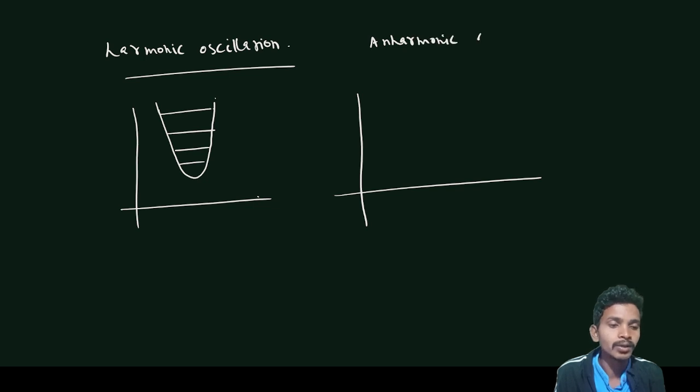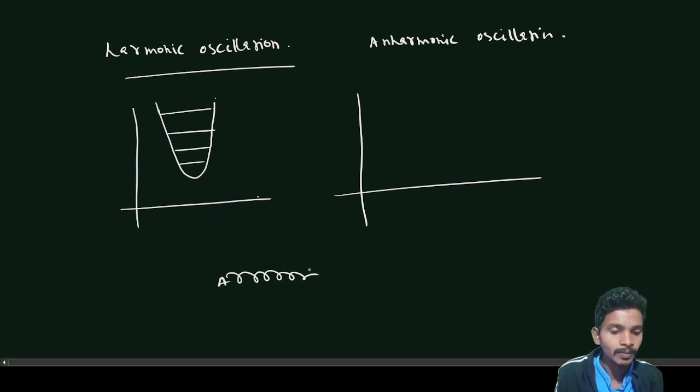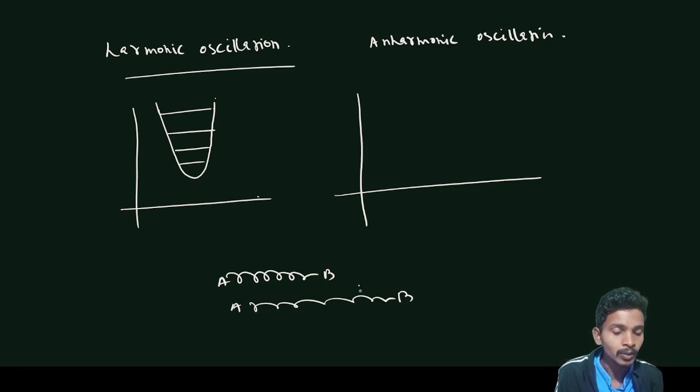Anharmonic oscillation says something about reality. Whenever you stretch a rubber band between A and B, and stretch it more and more, the bond becomes weak, because the bond strength weakens as you stretch, and after some time it will break.